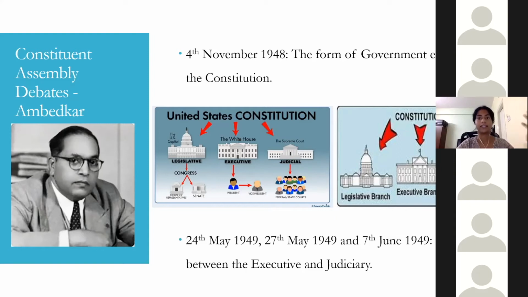Again, the American executive and legislature are separate, which means that the president and the secretaries cannot be members of the Congress, while in India, the ministers are members of the parliament, and only members of the parliament can become ministers. Both, of course, he said, are democratic executives. However, the American executive, he argued, was more stable, while the Indian executive, he said, was a responsible one.